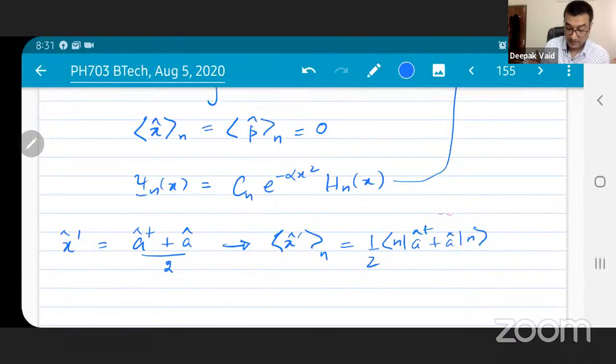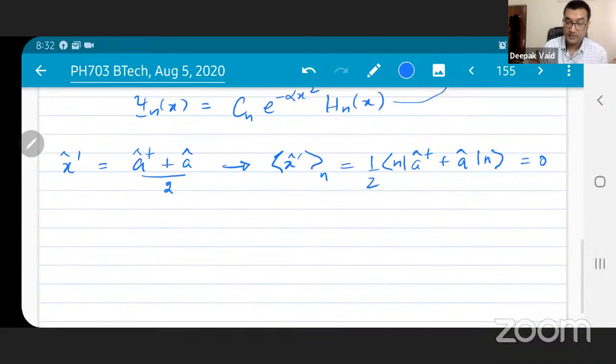And this expectation value is easy, almost trivial to calculate. You can see it's 0 directly, because a acting on n gives you n minus 1, and the inner product of n and n minus 1 is 0. Same thing for a dagger. So this algebraic operator-based approach is much easier to deal with than the approach based on the differential equation.